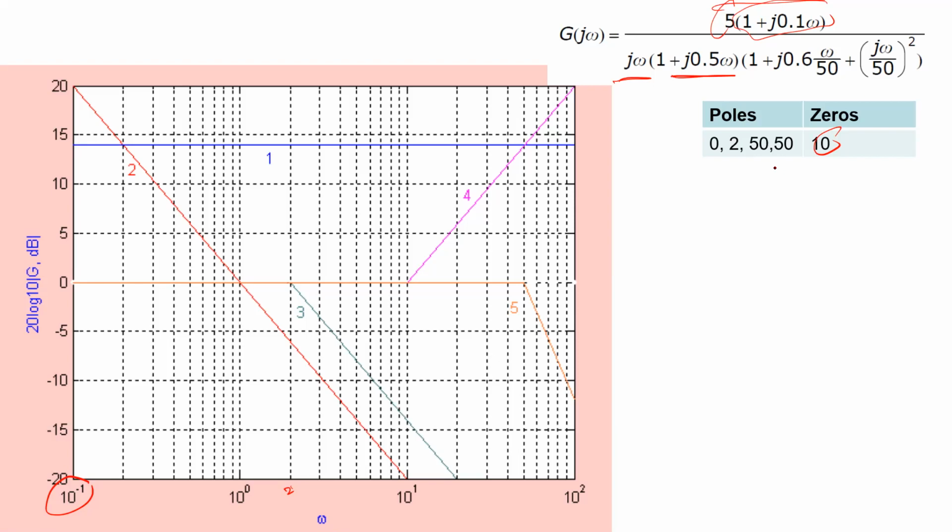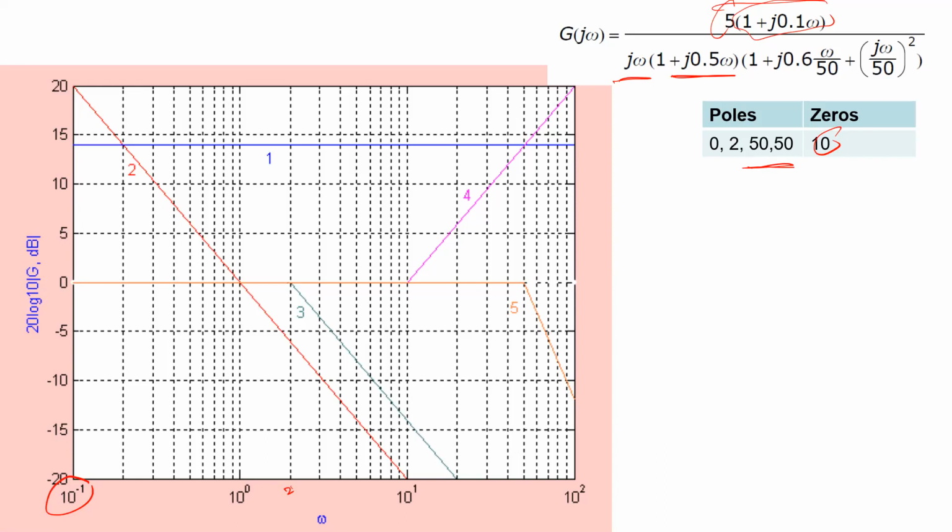The last thing is the frequency at omega n, which is 50. So I come all the way to 50, and then the slope will be minus 40 dB per decade, because I have 2 poles at 50.